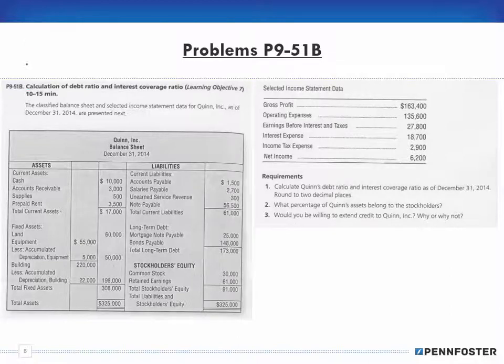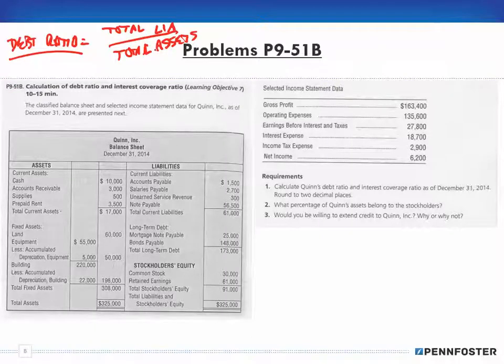Right, so we know that the debt ratio is equal to the total liabilities over the total assets, which means the reason for the debt ratio is, do we have enough assets if we have to sell them off to pay off our total liabilities?